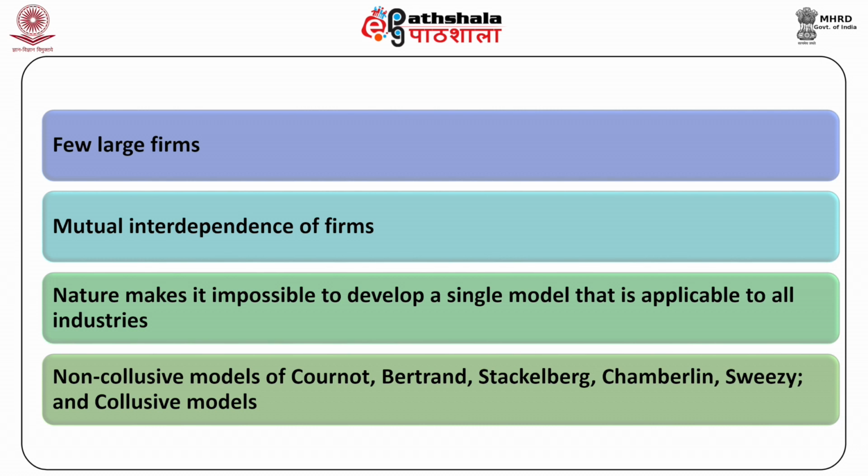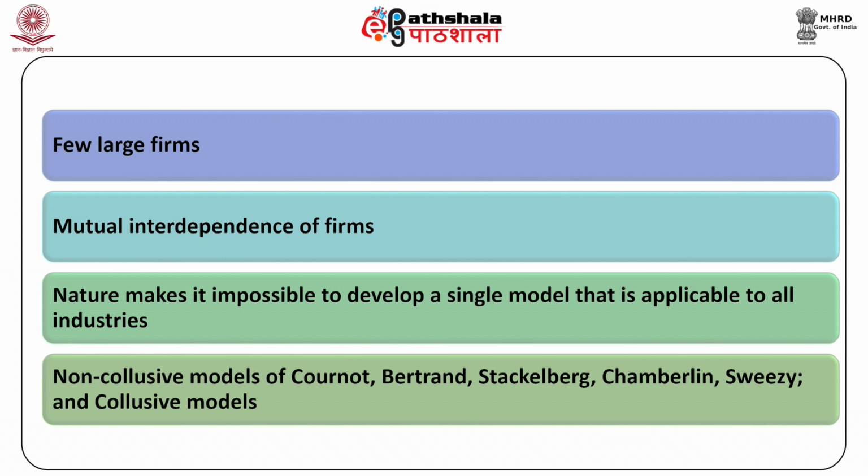So, oligopoly models have been broadly differentiated as non-collusive models of Cournot, Bertrand, Stackelberg, Chamberlin, Sweezy, and collusive models like cartels, price leadership, etc. Now, non-collusive oligopoly is a market where firms work independently and strategically by recognizing the mutual interdependence.